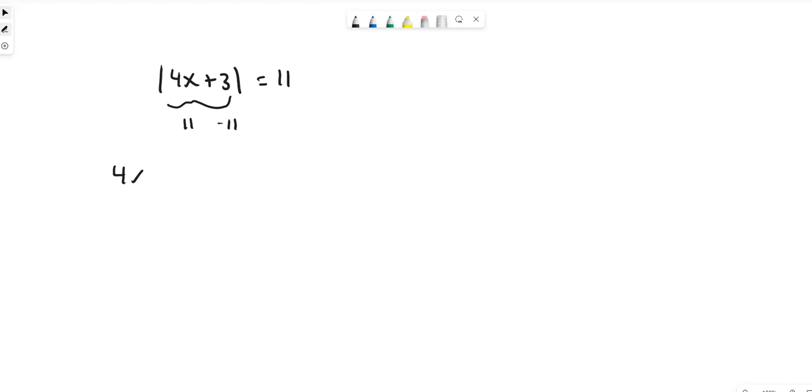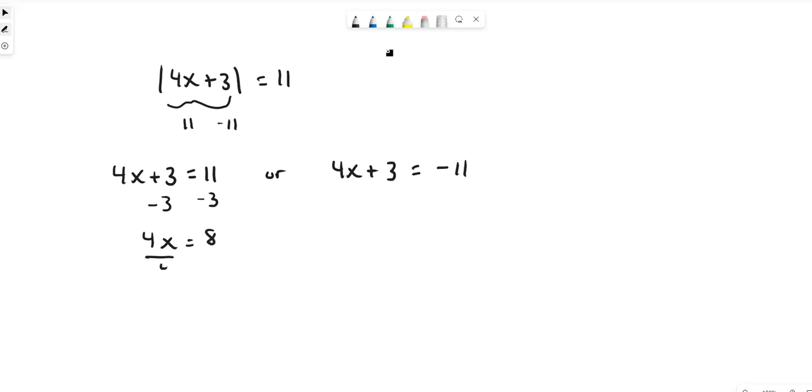So 4x plus 3 could be 11, or 4x plus 3 could be -11, and now I have to solve both of those equations. All right, so I subtract a 3 from both sides. I get 4x is equal to 8.